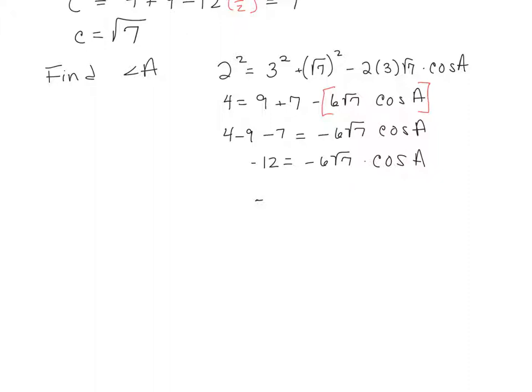So I have negative 12 over negative 6 square root of 7 is equal to the cosine of A.